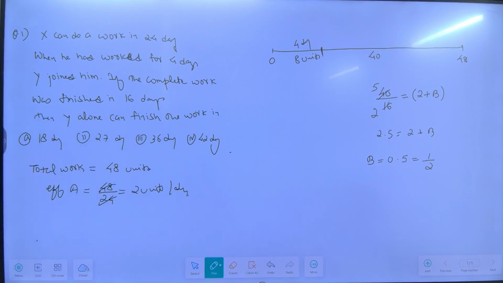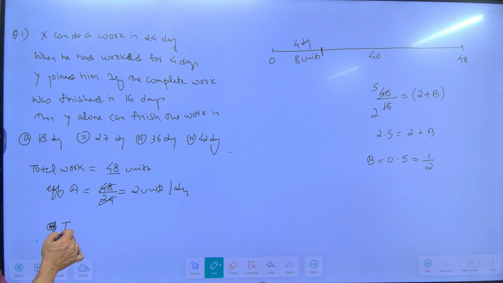Now they are saying that if B wants to finish this work alone, in how many days? The option is wrong. It's 96 days. This is X, A, B leaves.